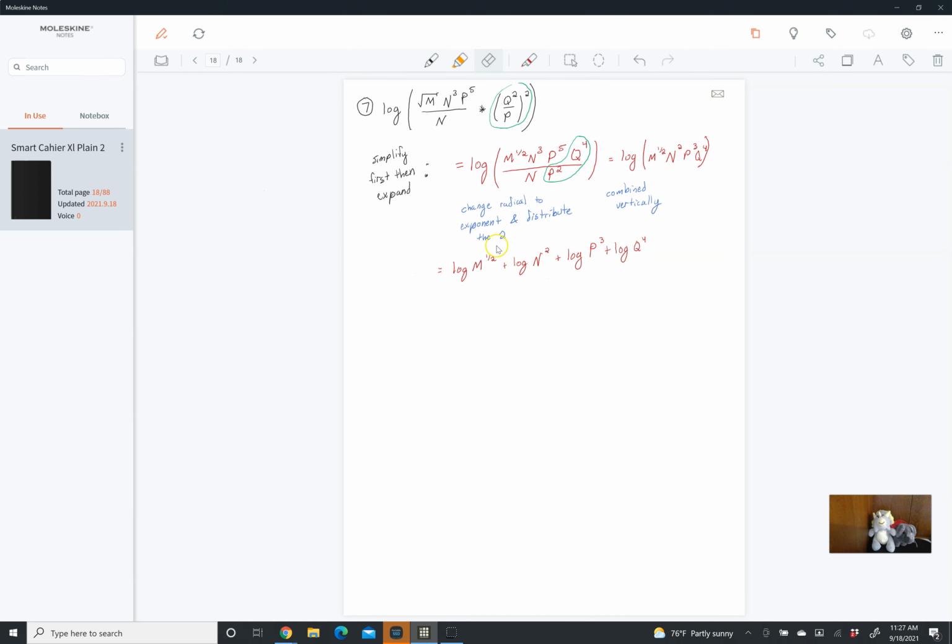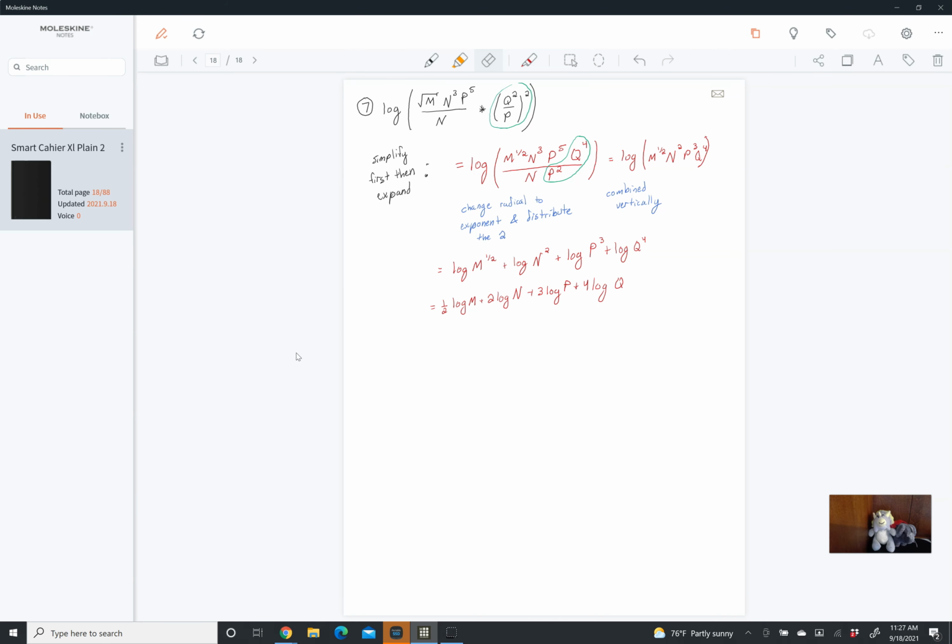Okay, and then we know that we can bring those exponents out to the front, which makes it 1/2 log m plus 2 log n plus 3 log p plus 4 log q.